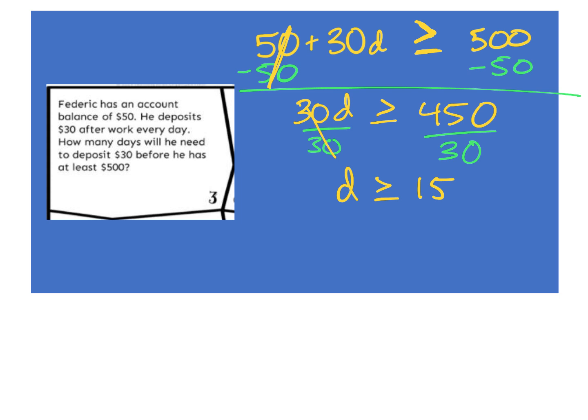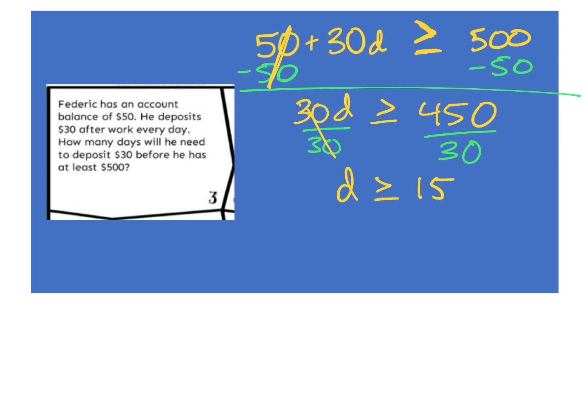Now, that tells me a lot of stuff, right? That means from day 15 and on, his account would be what? At least 500. 500 or over. But what is our question asking us? How many days? So it just wants to know, hey, when is the first day that it's at least $500?